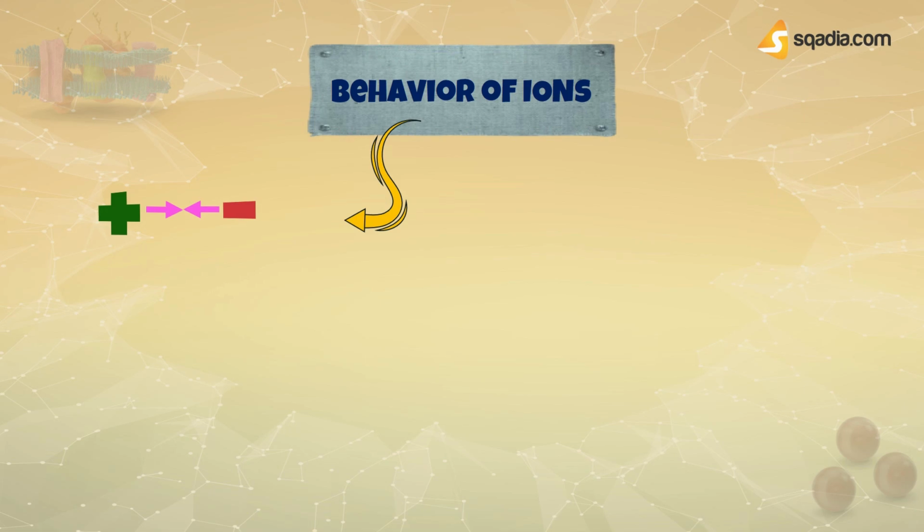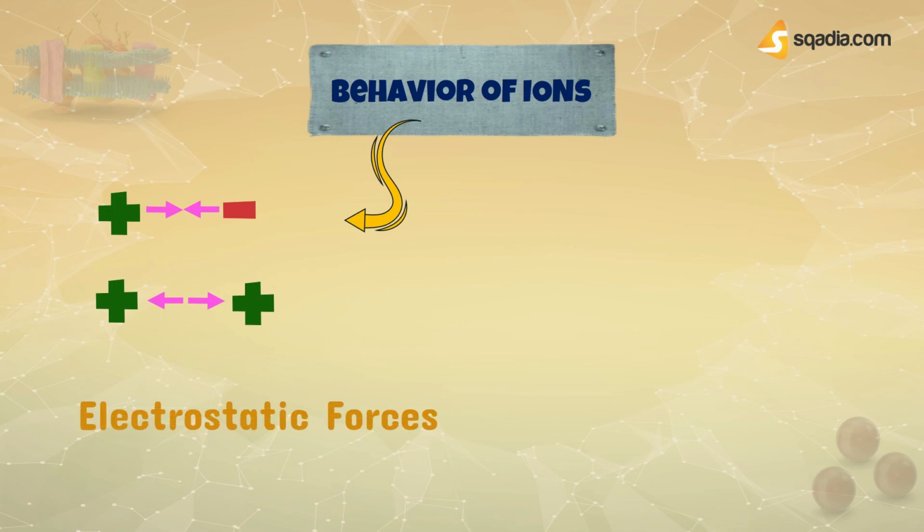Like if there is negativity on the inside, they will find ways to attract positive charges so that positivity inside increases. And this also occurs vice versa. Like if there are same charges, say two positive ions like sodium, they will repel each other in the same manner. This phenomenon is known as electrostatic forces of attraction.